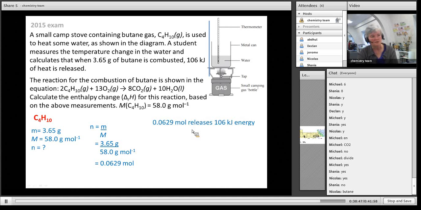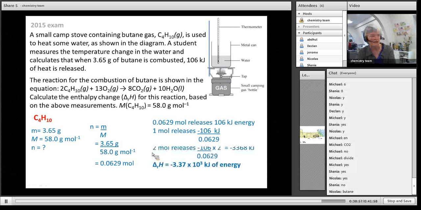So basically it's the same sort of thing. If 0.0629 releases 106, then 1 mole releases that much. You divide by it, and I don't want 1 mole, I want 2 moles from this equation. So 2 moles is that doubled, and I get then minus 3368.